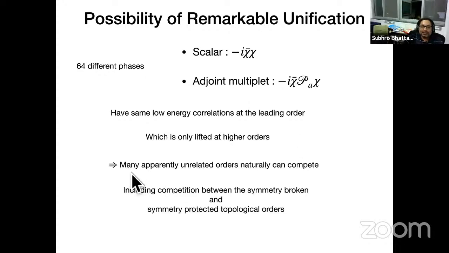This basically means that many apparently unrelated orders or unrelated phases can naturally compete because they have the same kinds of correlations. And some of these, as I briefly alluded to, include competition between symmetry broken phases and symmetry protected topological orders. This is only due to the presence of these emergent symmetries, which can naturally lead to such competing orders.